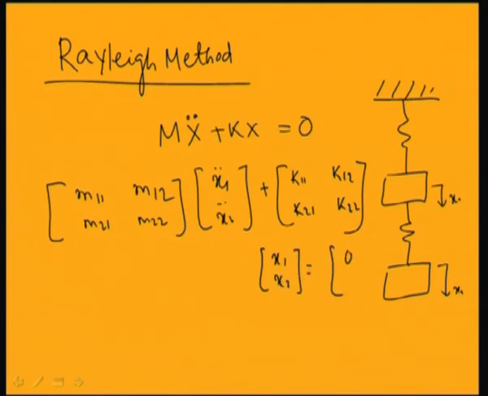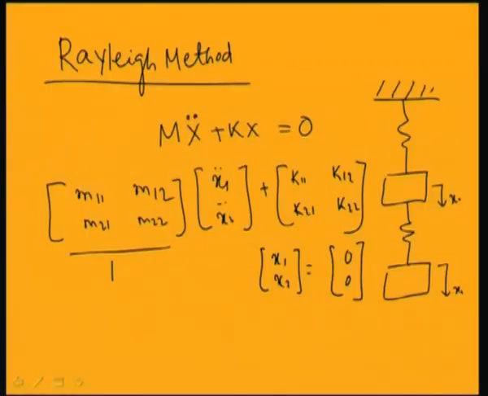This is for the free vibration of the system, and we are interested in finding the frequency of the system. Already you know in the exact method I can find it by finding the dynamic matrix, that is M inverse K. M is the mass matrix and K is the stiffness matrix. So, by finding M inverse K I can find the dynamic matrix A.